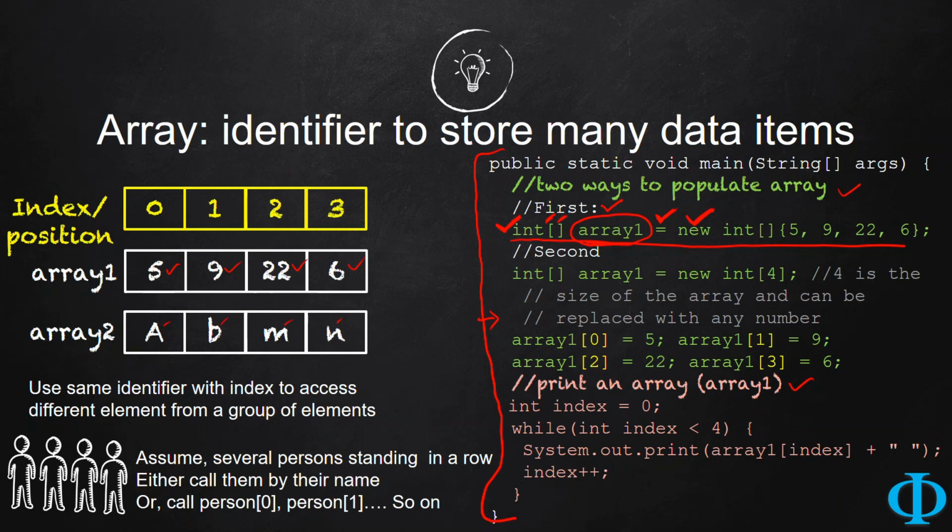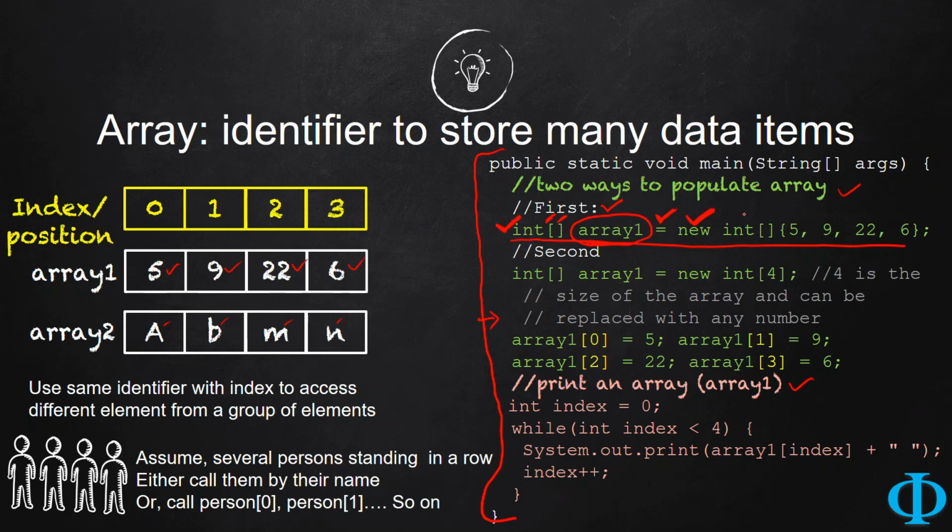What this new keyword is doing is telling the Java compiler that now I am ready to initialize an entirely new array. This new keyword has a significance in terms of object-oriented programming, but we are not going into the depth of it; in this course we will just consider it as syntactic sugar. So use this new keyword to initialize an array.